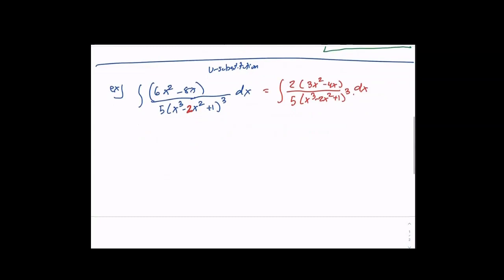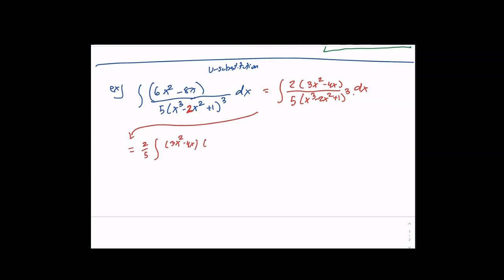Now, when I clean this up, I got to make sure I do good algebra, all right? So when I see the 2 and the 5, that's a 2/5. So I'm just going to bring that 2/5 outside the integral. I get a 3x squared minus 4x.